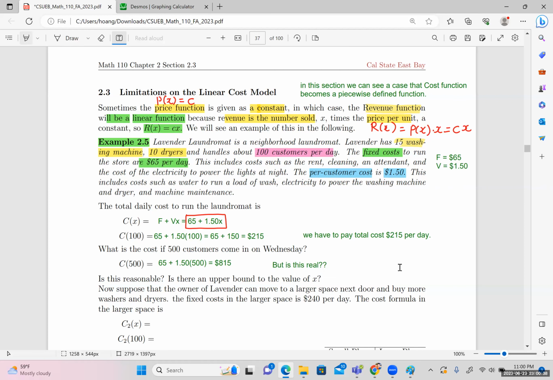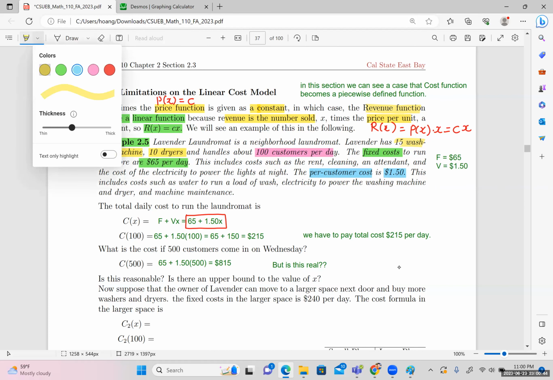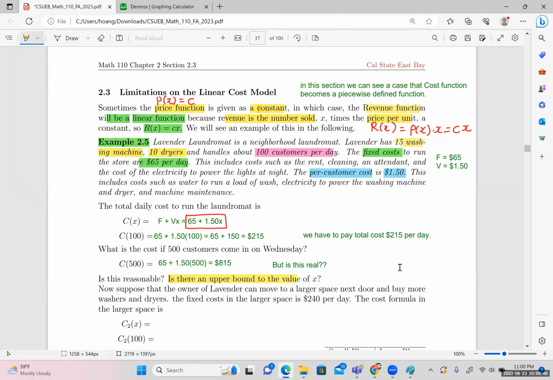Keep in mind this: is there an upper bound to the value of x? Think about it as a business. Your max capacity for a day could be like 100 customers.